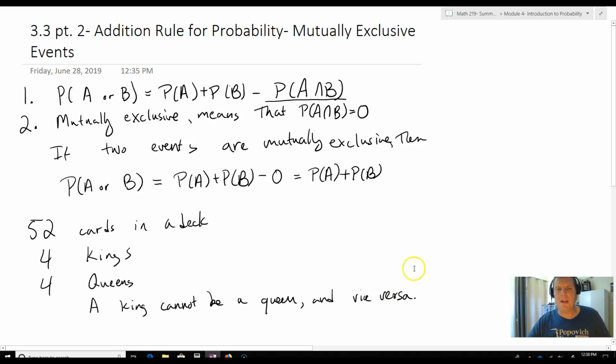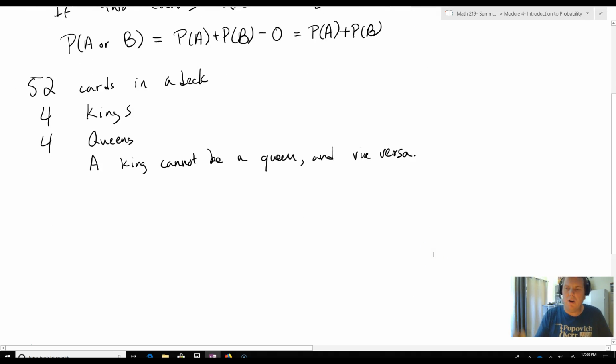Okay, so a king cannot be a queen and vice versa. So what that means is that A intersect B is what we call empty. There's nothing in it. And so kings and queens as events are mutually exclusive.